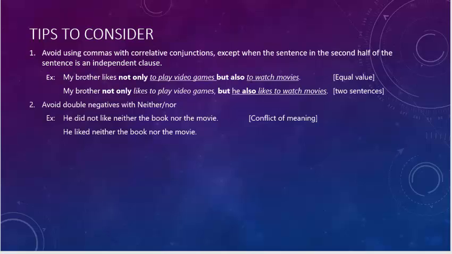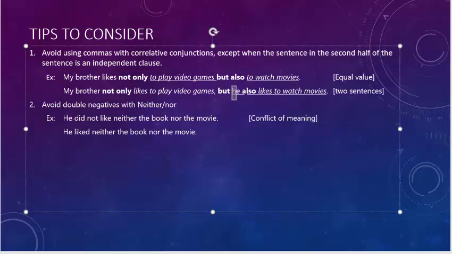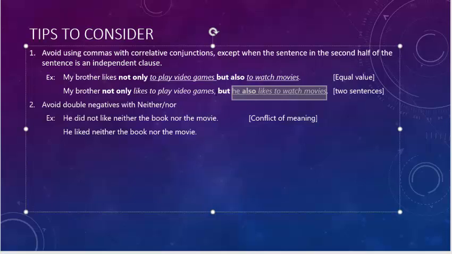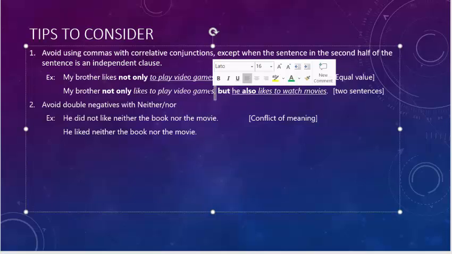"To watch movies" doesn't give any meaning alone. But in the sentence "My brother not only likes to play video games, but he also likes to watch movies," the second part can stand alone. It is an independent clause. Therefore, before the conjunction, we have to put a comma.